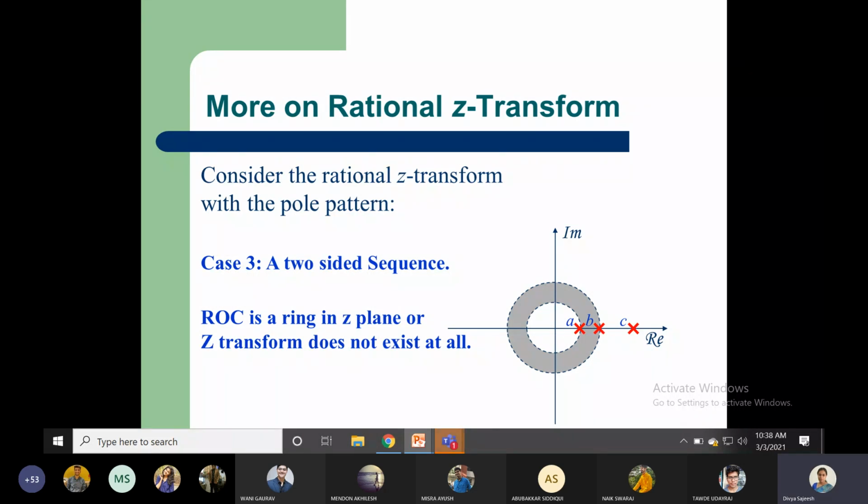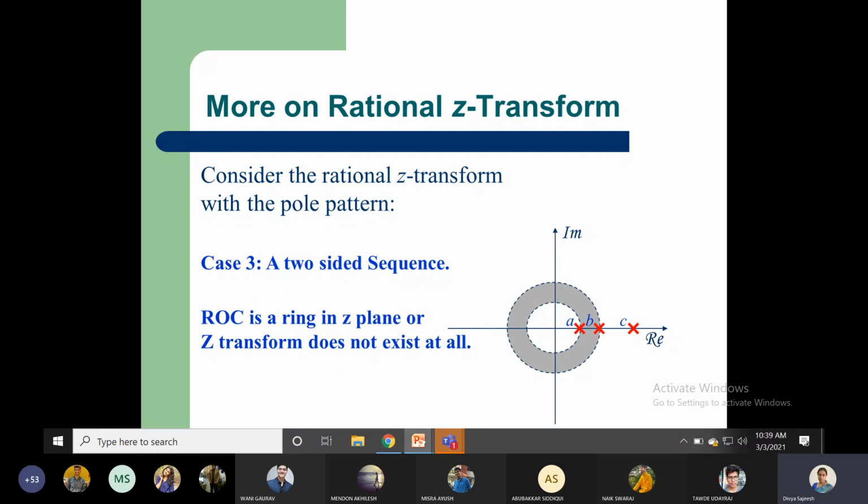Or sometimes the ROC does not exist, meaning that for the given signal, the Z transform does not exist at all. Can you tell what such a case would be for a two-sided sequence? It can happen that the ROC will not exist.